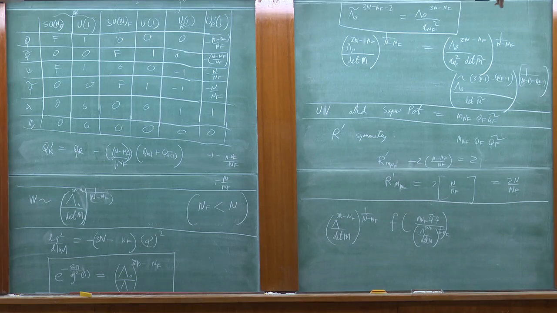Separate this discussion from the discussion we had 10 minutes ago. In that discussion we had no mass and then we looked at a vacuum which broke symmetry. Here also we may be forced to look at vacua that will break symmetry, but that will happen dynamically. This is the superpotential of the theory, and then whatever comes out of it comes out. Is this clear? So it's some function of this. Now we want to know what we can say about this function.